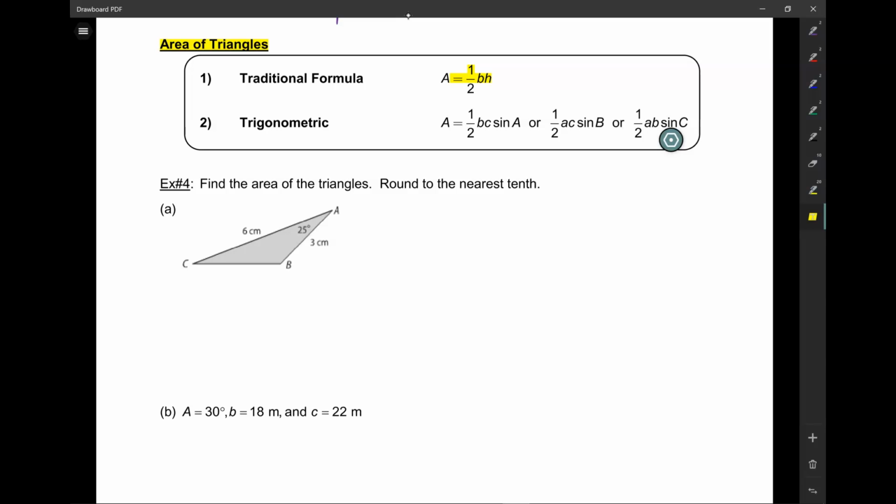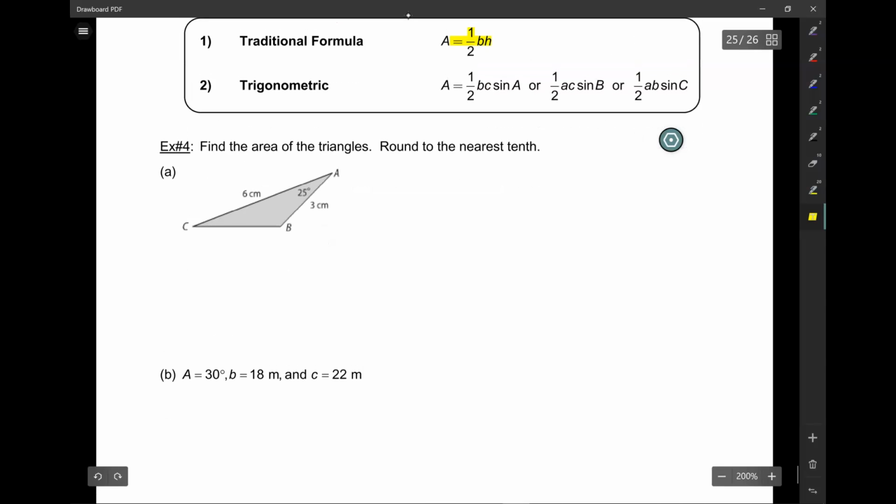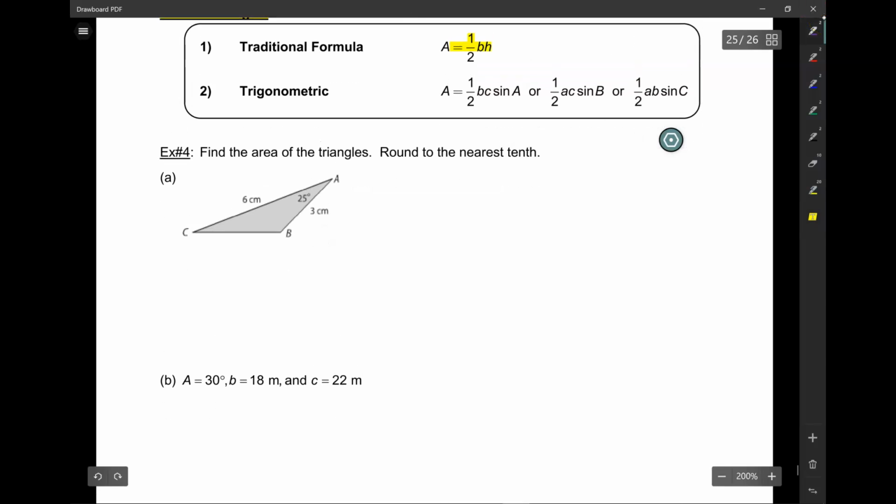There are 3 variations of this, right? So one is area is half BC, these are the sides, sine of the other letter. Or half AC sine of the other letter, or half AB sine of the other letter.